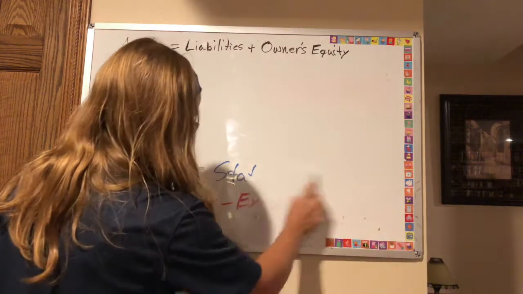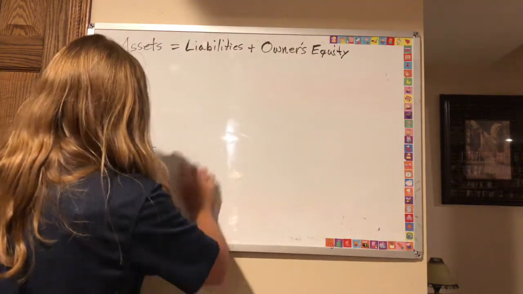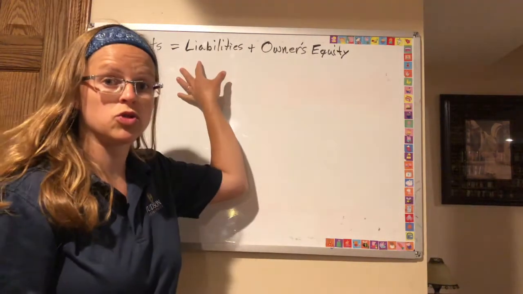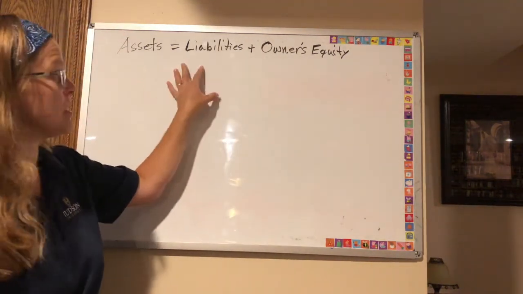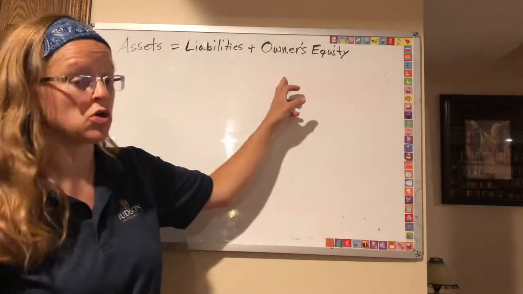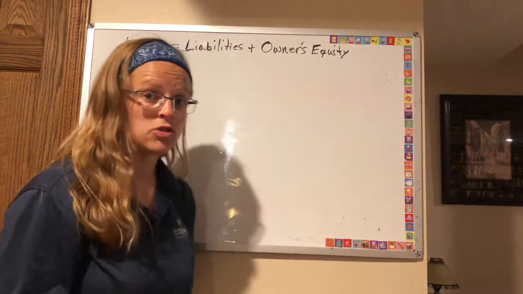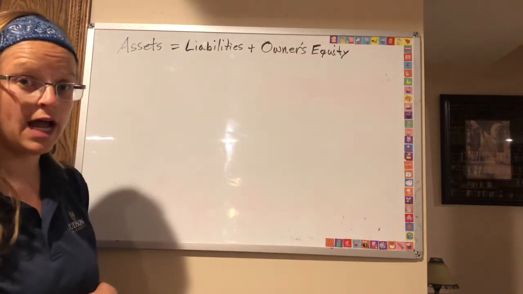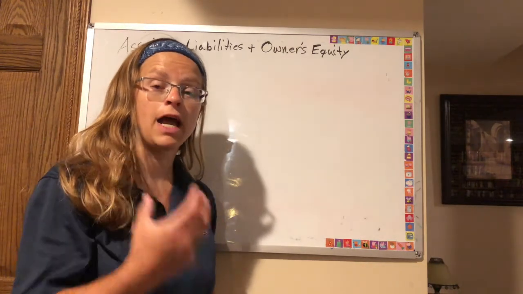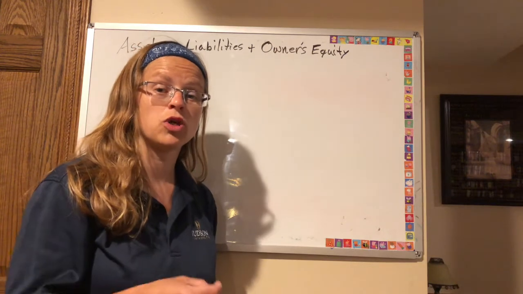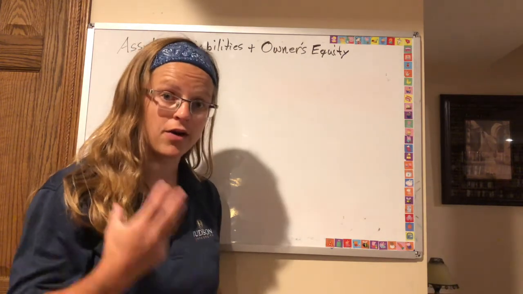Within these financial statements are various accounts, as I said, various accounts within the basic accounting equation: assets equal liabilities plus owner's equity. Asset accounts are accounts that are of value to the organization, something that has monetary value.